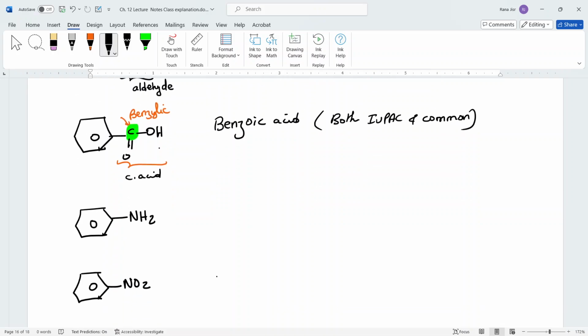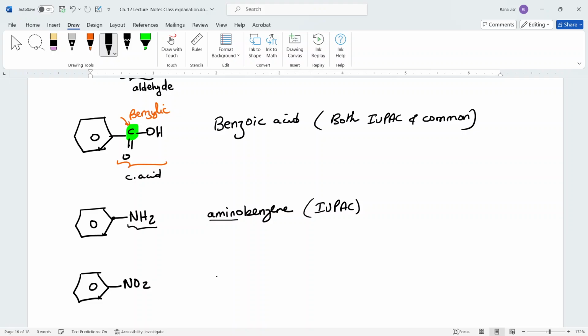If you have an NH2 on the benzene, two names for it, IUPAC and common. So the IUPAC name is called aminobenzene. We rarely go with aminobenzene, by the way. Amino means NH2. So amino is a name given for the NH2 substituent. So aminobenzene is the IUPAC.